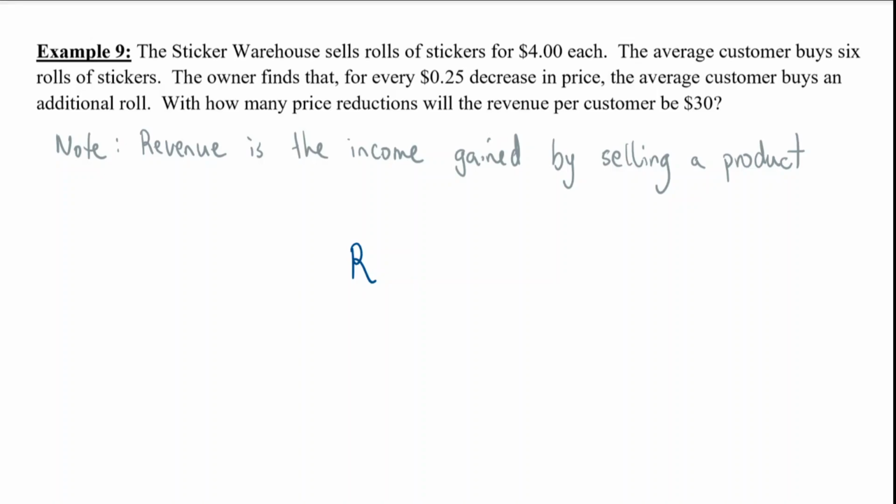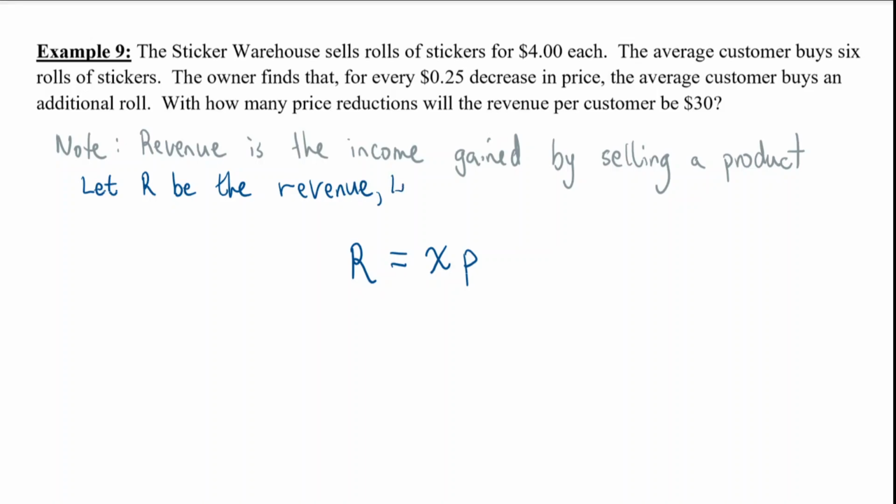So revenue R is going to equal, basically your income is going to be the amount of money you earn. And that's going to be dependent on how many things you sell and for what price you sell it for, right? Price per item. So let R be the revenue.